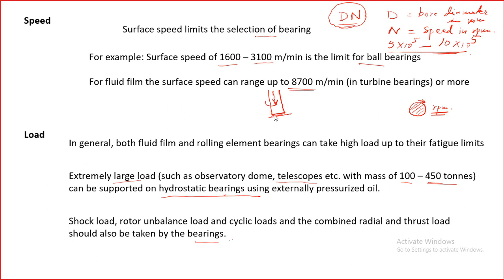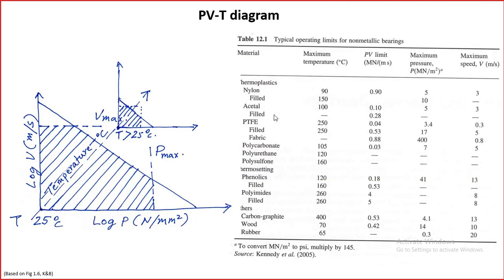Now something related to speed and load is known as PV diagram, or also known as PVT diagram. PV diagram is basically pressure velocity diagram, and T is the temperature part. But if we fix the temperature as, let's say, room temperature at 25 degree or any temperature, then it is known as PV diagram.